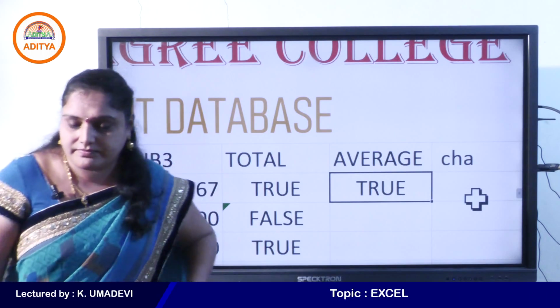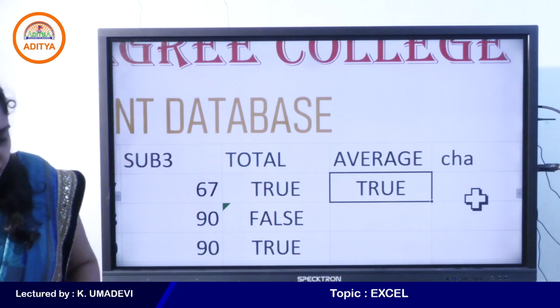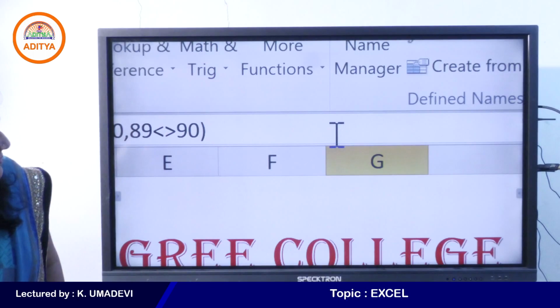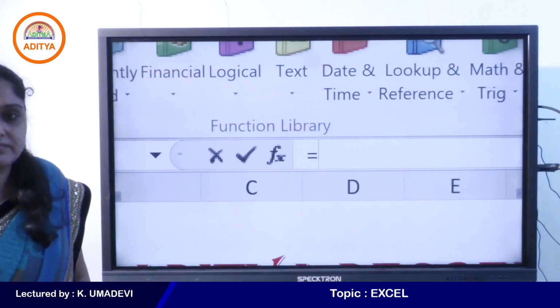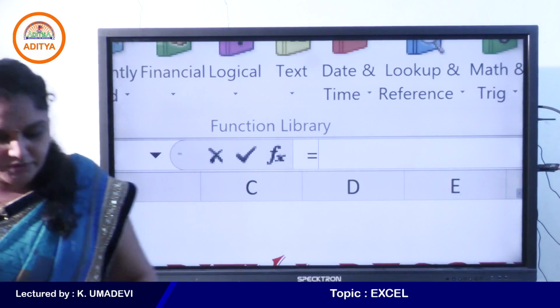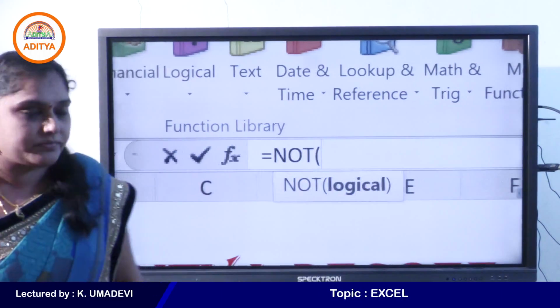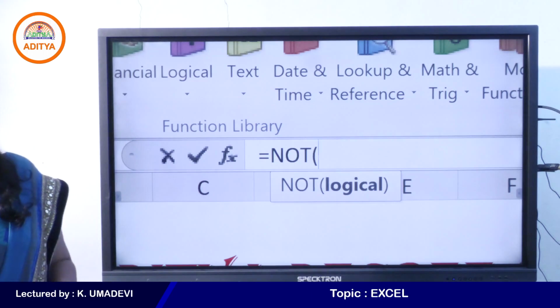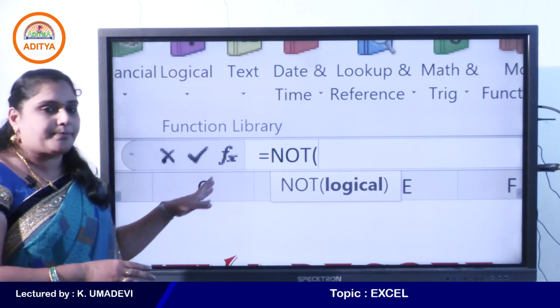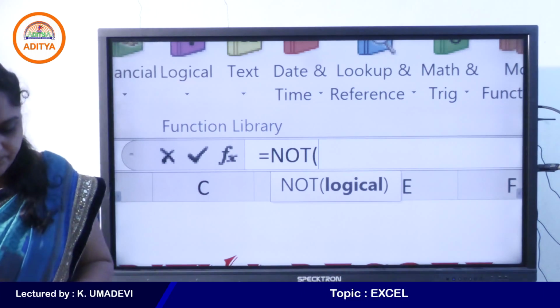Okay, the next one is the NOT function. I'll show you an example of NOT. Do you know about the NOT gate? Just observe the example, NOT of. Here I'll enter my own values. If you want to use a cell reference, simply enter the cell reference.